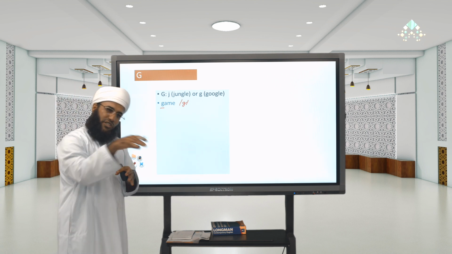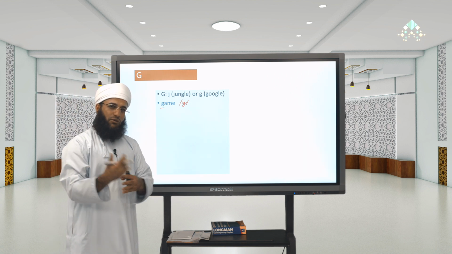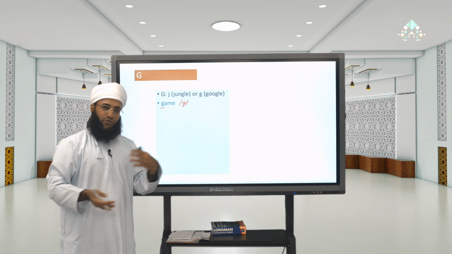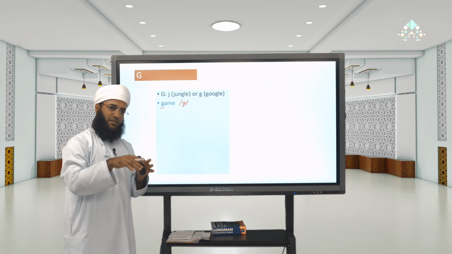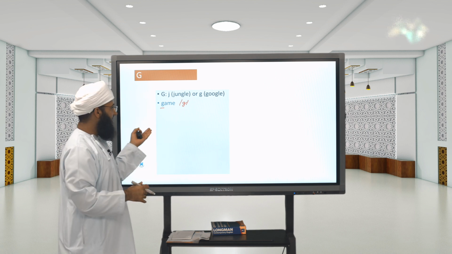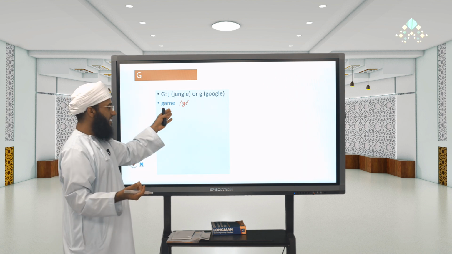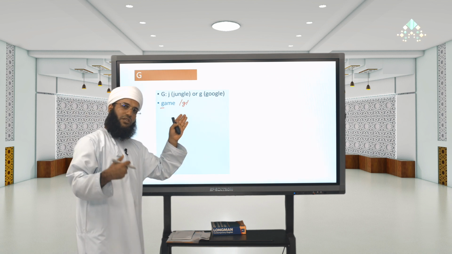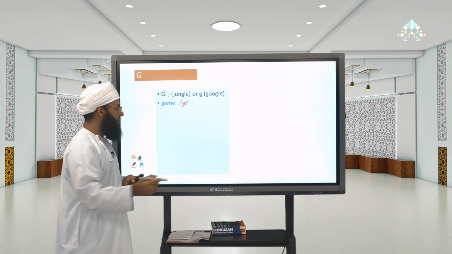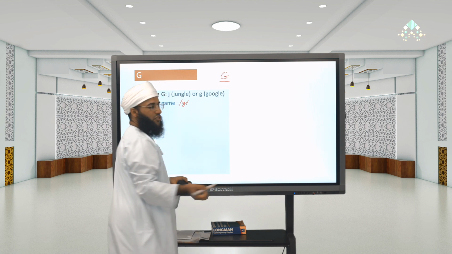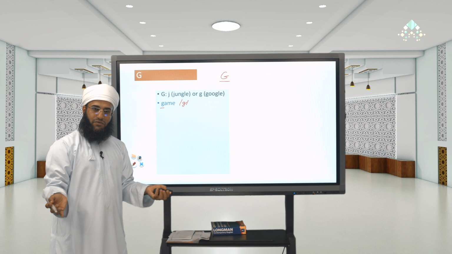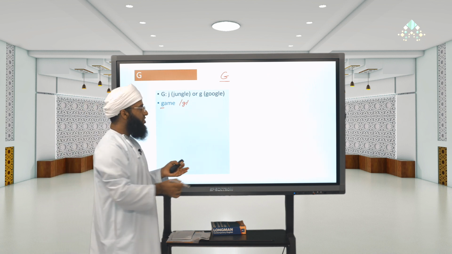I don't want to go into details. What is the original sound for this letter? Is it ja or ga? I don't want to go into that. You don't have to study phonetics in depth. But they say, in short, that the ga sound is not the original sound for this letter. I mean, this letter is called G, so it's ja, the ja sound.